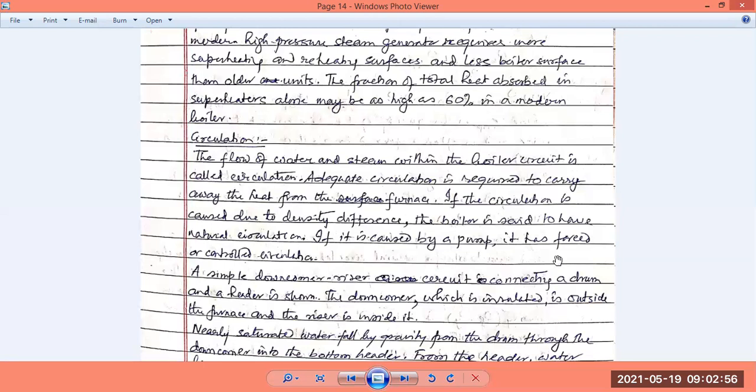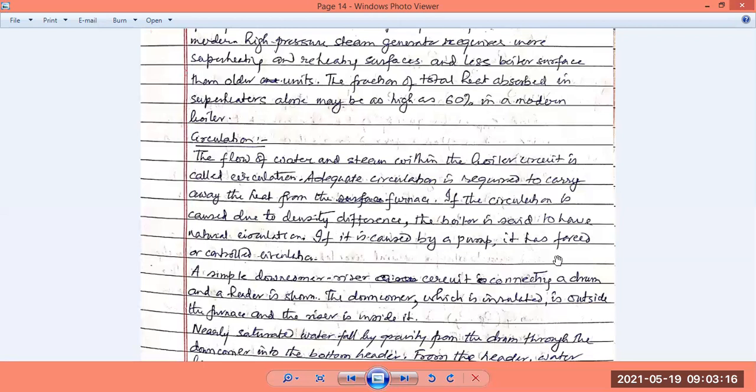Then this boiler is said to have natural circulation. When the fluid is forced, when it is being pumped to move inside the circuit, it is called controlled circulation.